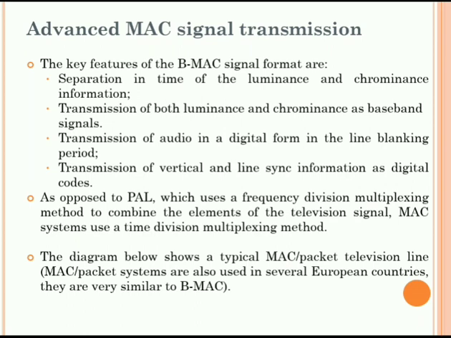MAC transmission technology was made obsolete by the radically new digital systems like DVB-T and ATSC in the late 1990s. MAC transmission systems are still used, but the technology is obsolete. It is expected that MAC will cease to be used for TV transmission by 2012.